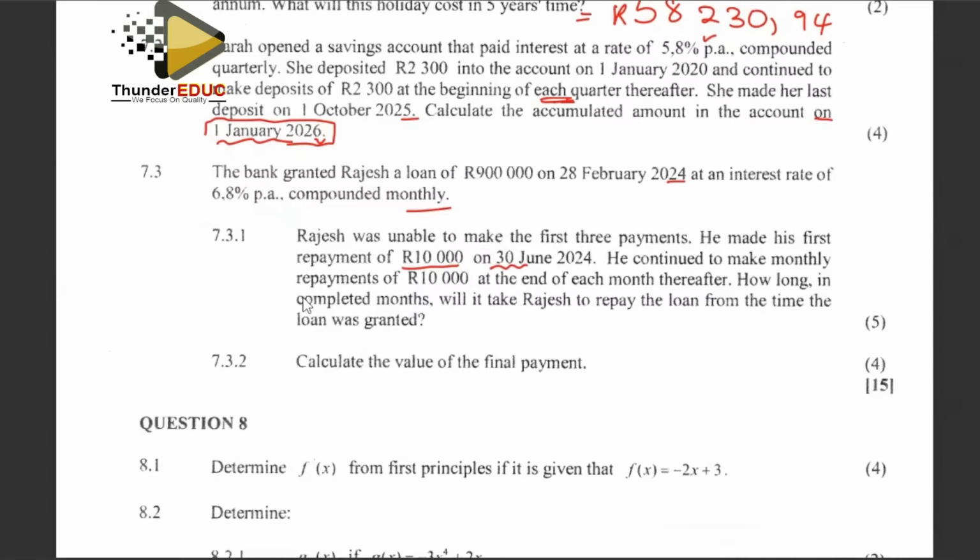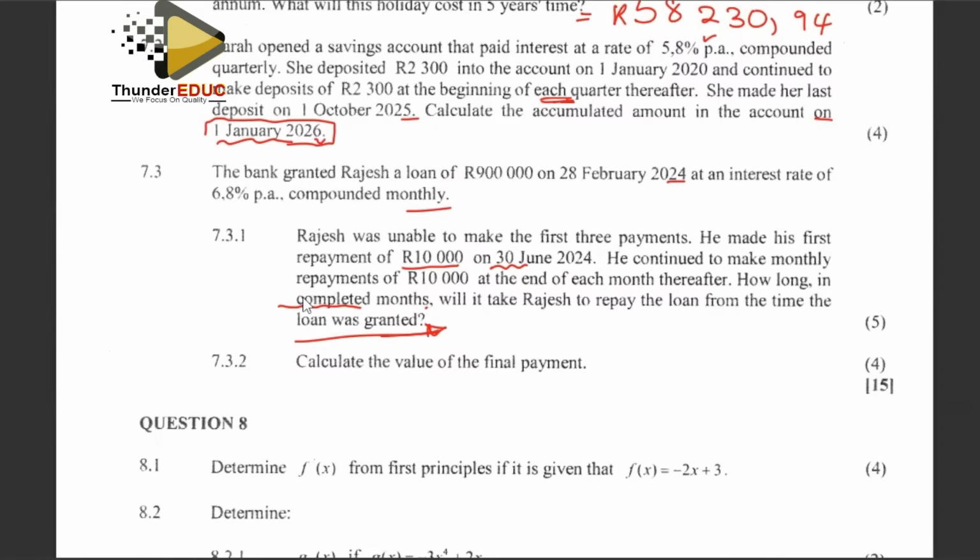He continued to make the monthly payments of 10,000 at the end of each month thereafter. Question is, how long in completed months will it take for Rajesh to pay the loan from the time it was granted? Meaning that the answer we get, if it's a decimal, we just need to round it off.